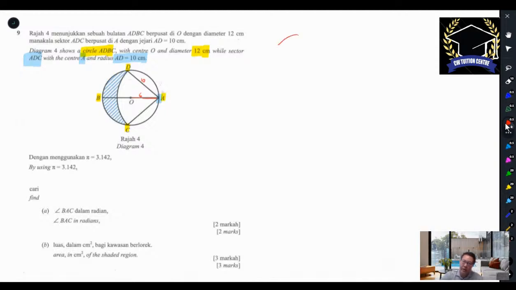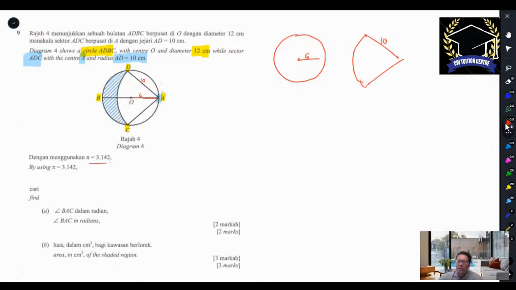If we break it down into 2 parts, they are actually 2 circles: this full circle with radius 6, and another partial circle, which is a sector with radius 10. This kind of question is very confusing, so I suggest those who are not very familiar split it into 2 parts like this, so you can see it clearly.